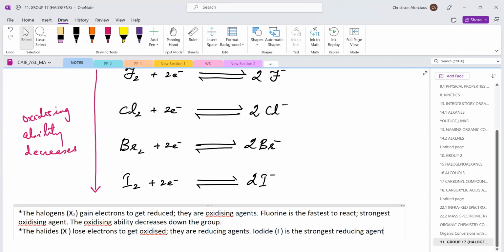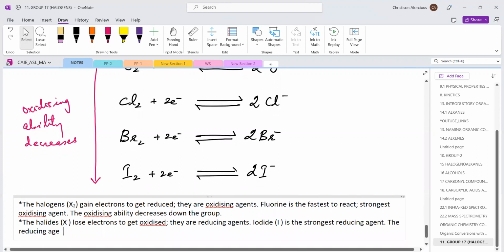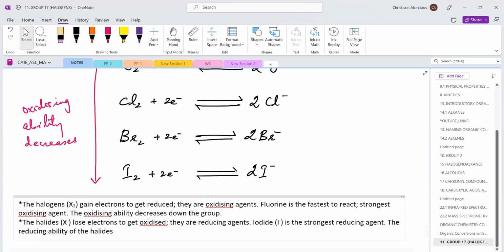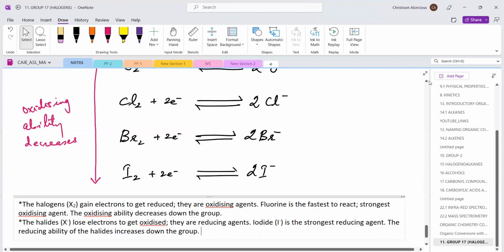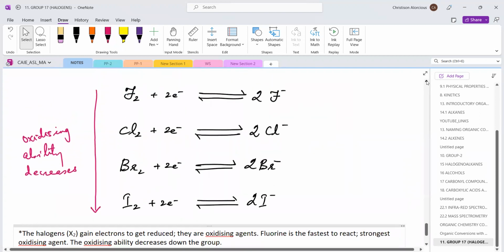Hence, you basically find that the reducing ability of the halides, not the halogens, the halides, the X minus ion, increases down the group. That means the fluoride is the weakest, while the iodide is the strongest if you're just looking at the 4 traditional halides.